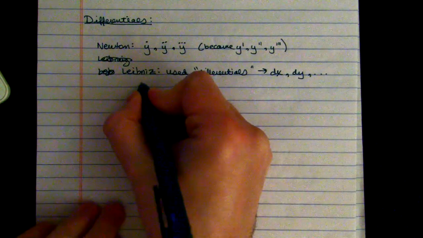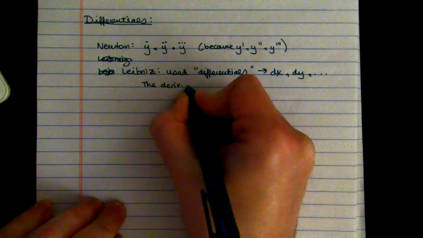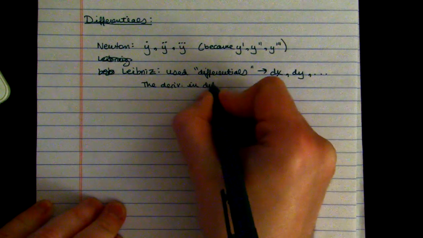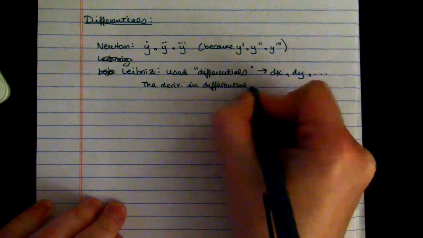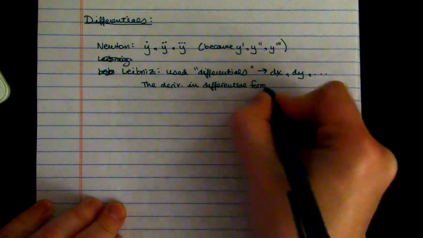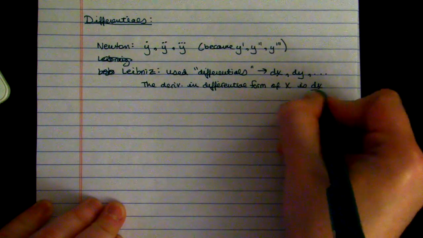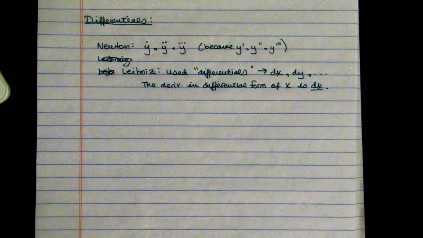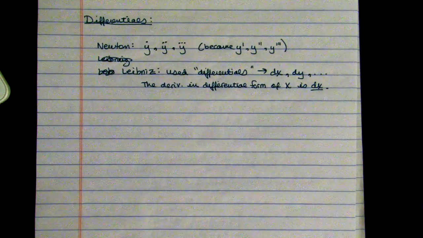And here's what I mean by this. The derivative in differential form of x is just dx. If we're using Leibniz's notation, we would say the derivative of x isn't 1, but it's 1 dx, or just dx.